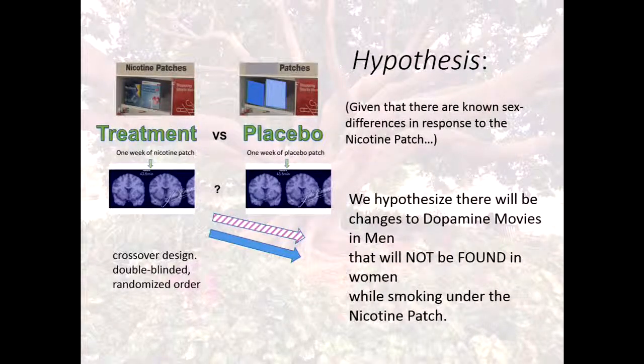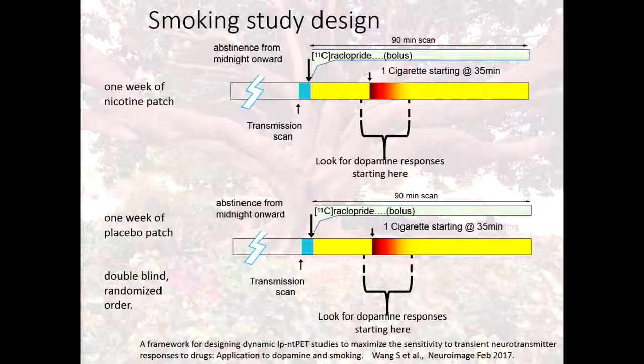That is to say, there would be a differential effect of nicotine replacement in men smoking versus women smoking. Again, this is the same design, but each person comes back. They smoke both times in the scanner, once on placebo patch and once on nicotine patch.